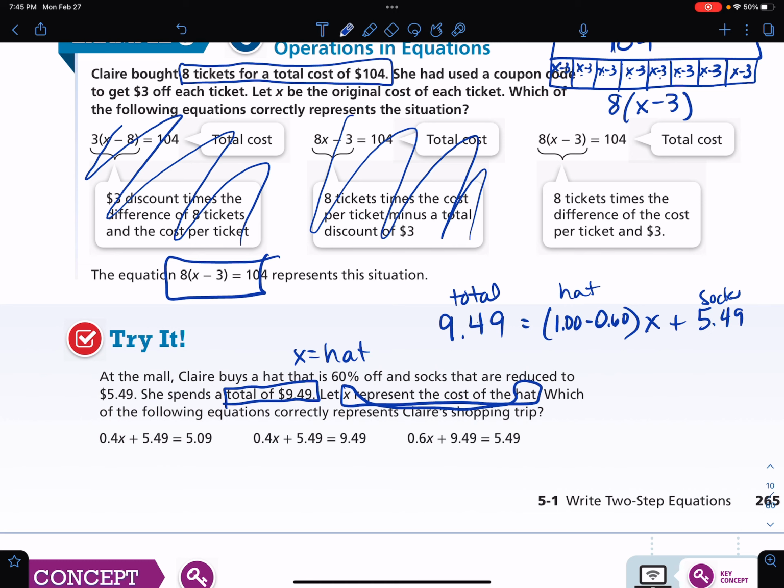That would make sense because my unknown is the cost of the hat. So $9.49 equals 0.40x plus $5.49. Do we get that? Yes. This one is wrong because that would be paying 60% instead of paying the 40% that you paid. We saved that money.